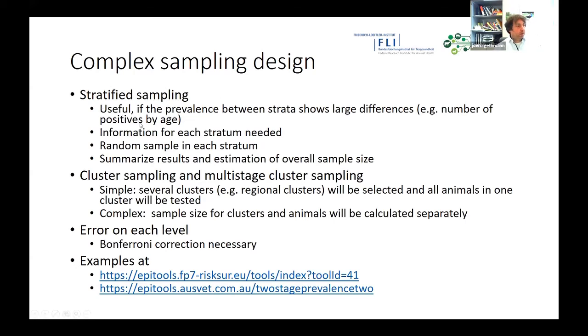And this is quite useful if the prevalence between strata shows large differences, for example, the number of positives by age or by sex. Then you should test each stratum individually. But you need the information for each stratum, so you need a design prevalence for both.